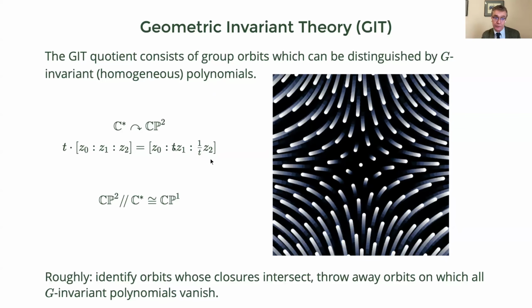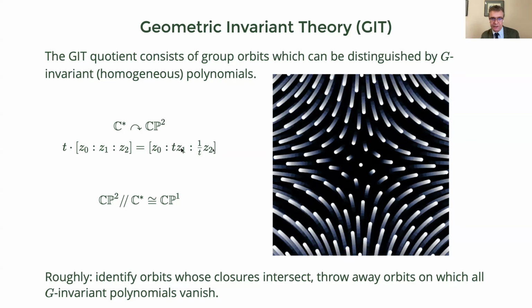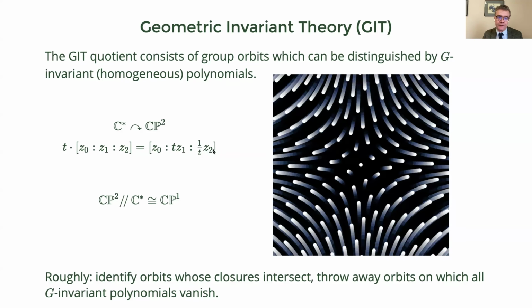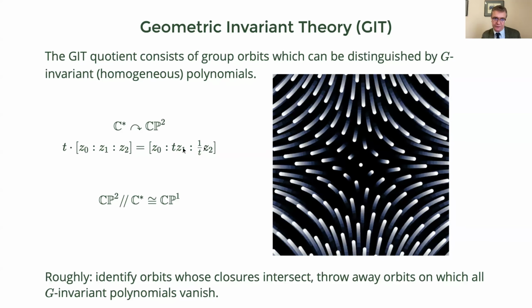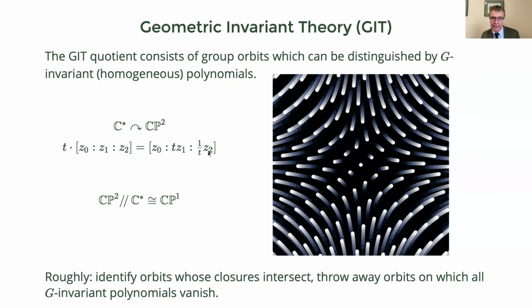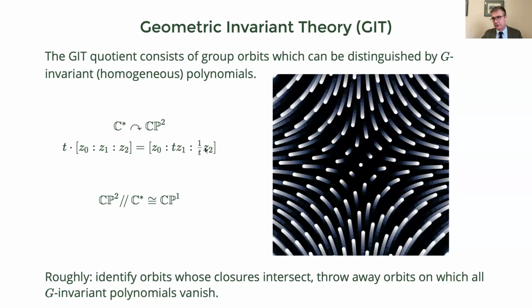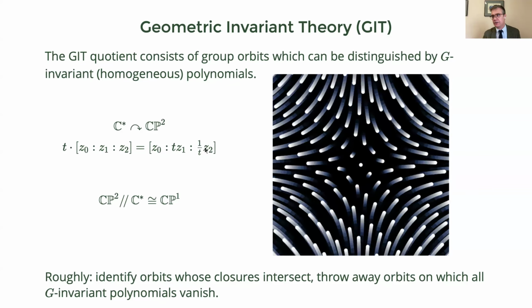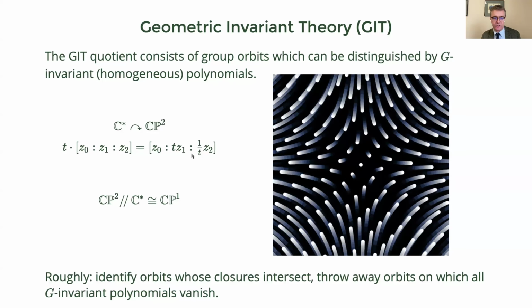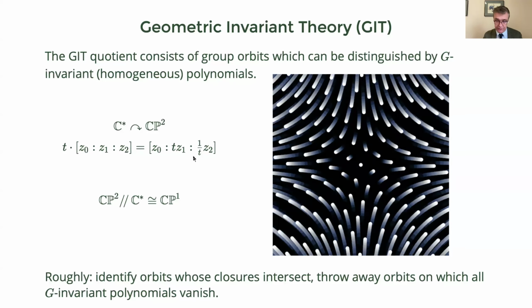And so you take homogeneous polynomials generated by z0 and z1, z2. But of course, if z0 and z2, for example, are both 0, then all of those things are 0. There's no invariant polynomials that can see anything. And so you also, it turns out, have to throw those points away. So it's a fancy quotient operation, but at the end of the day, you get something nice.